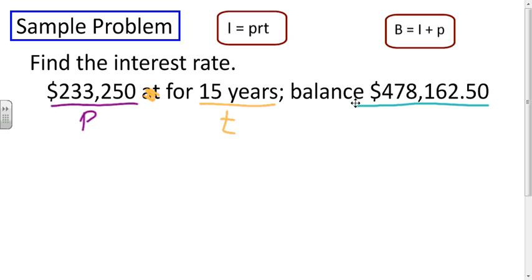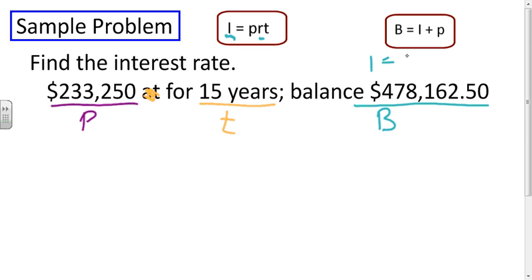So I'm looking for my rate here, and since my rate is what I'm looking for, I would need to find out what my interest is. And I could find my interest by just taking my balance and subtracting the principal. That will give me my interest.